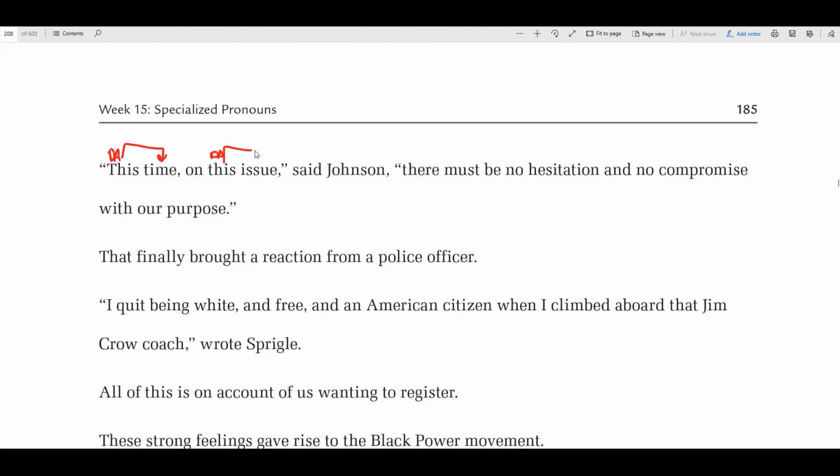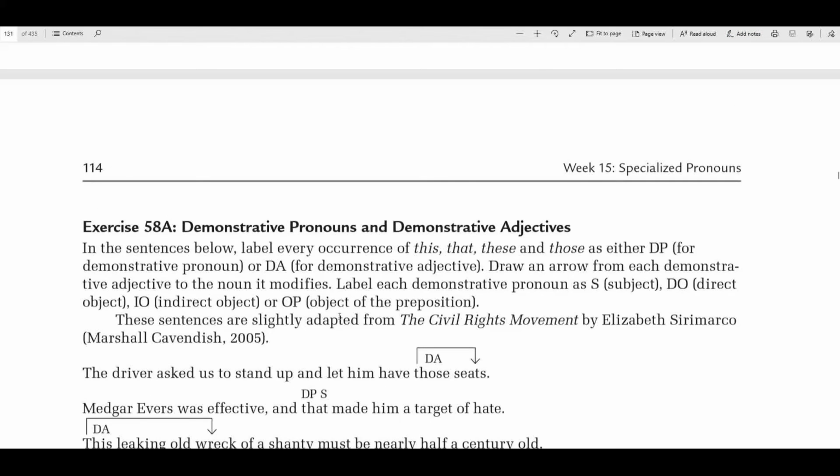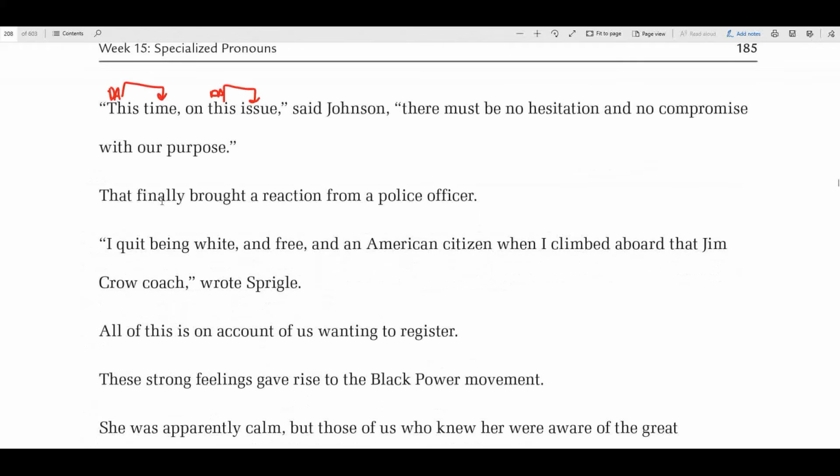All right. "That finally brought a reaction from a police officer." Okay. All right, so from a police officer is a prepositional phrase. Brought is the verb.